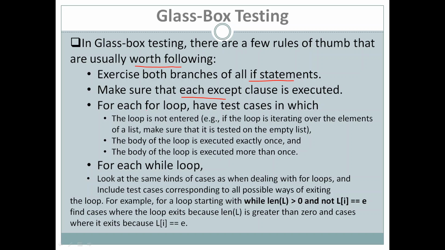For each for loop, if we are using a for loop in the code, we have to test cases in which the loop is not entered. It means that if we are testing a loop, we have to test it for values where the loop is not entered at all.